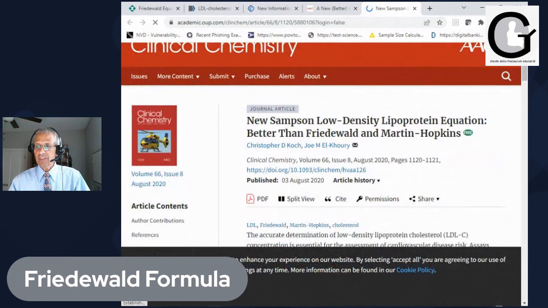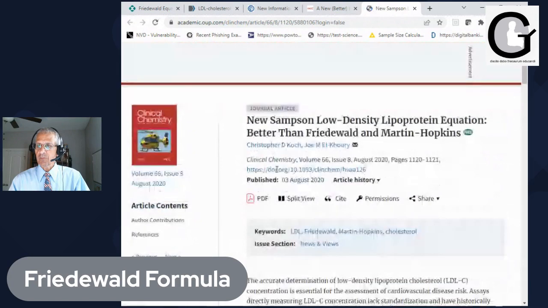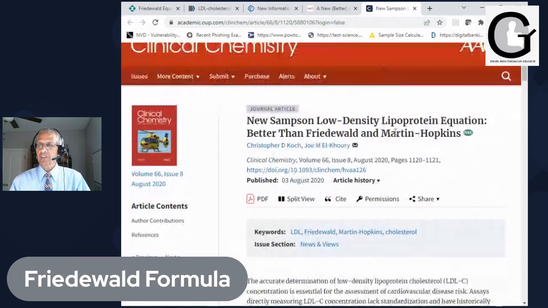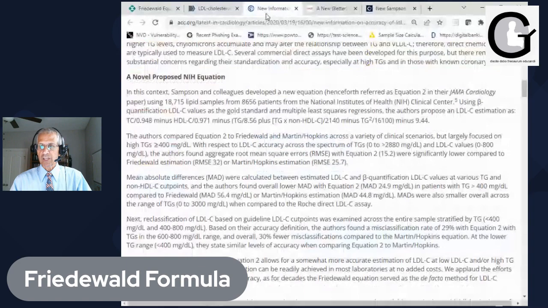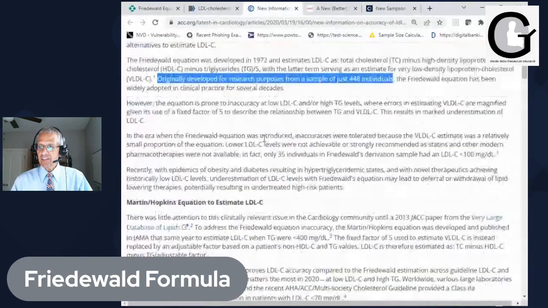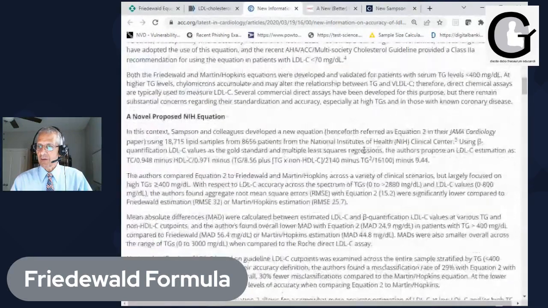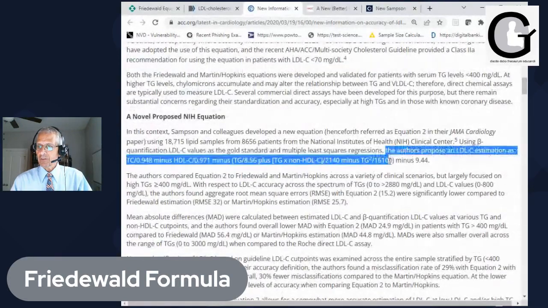So this is what we have here, and you can see the new Sampson low density lipoprotein equation is better than Friedewald and Martin Hopkins. This one right here was Martin Hopkins, that's the one I just went over, where the authors propose an LDL estimation.